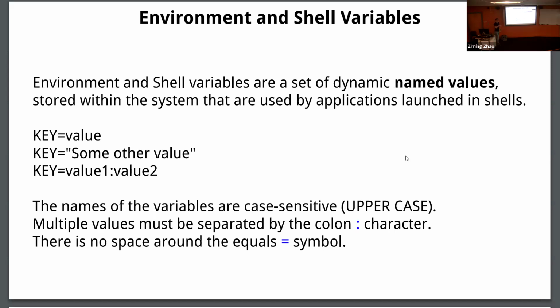In Windows and other systems, we also have this. They are stored within the system and are used by applications launched in shells. So when you create a new process, the operating system is actually copying those named values to the address space of that process. And we're going to see a demo of that.